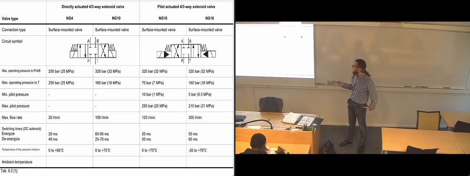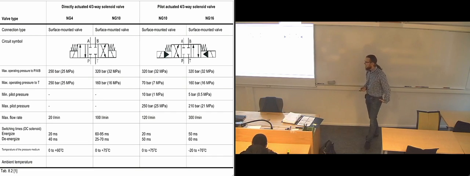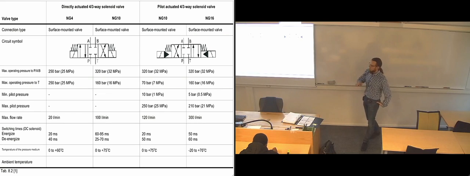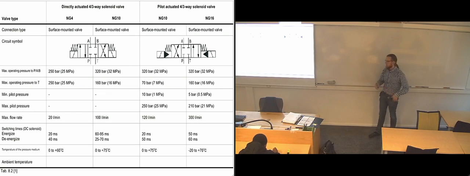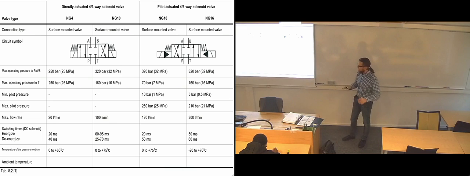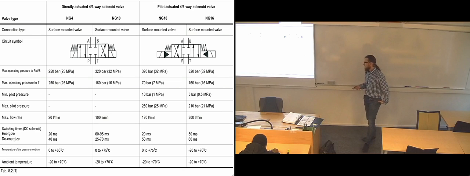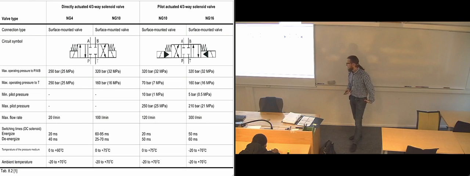You can have it down to -20 on the large one, but you usually think from 0 to 60, 70 degrees. That's a very, very normal range to have on it. And then ambient temperatures, they're -20 to +70, more or less. So it's not really that much of a difference there.